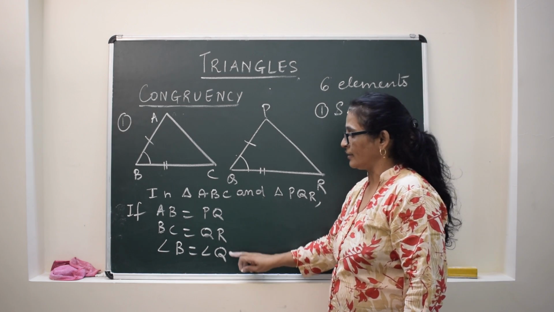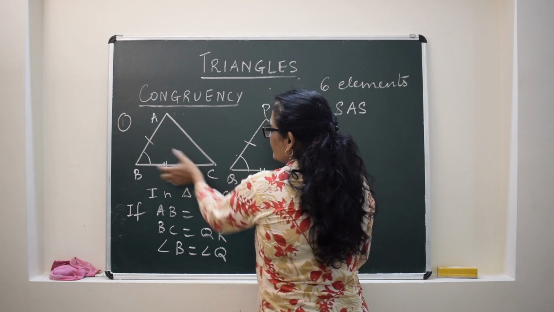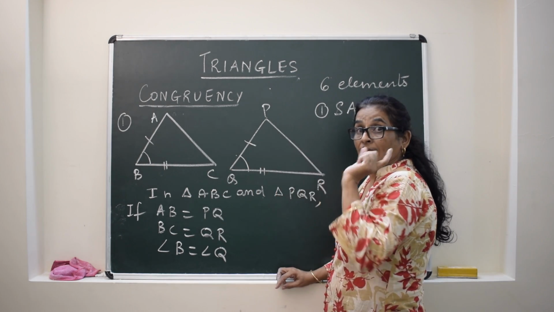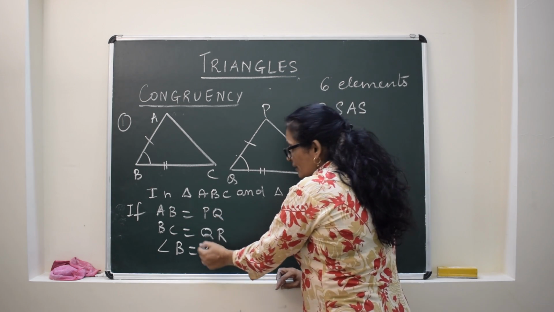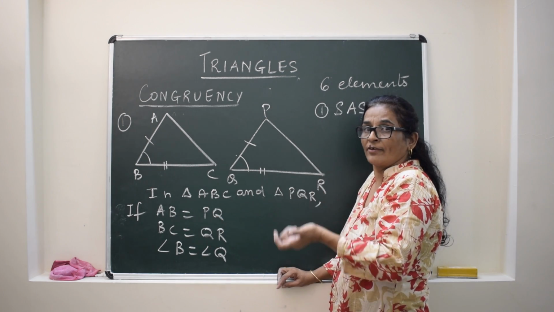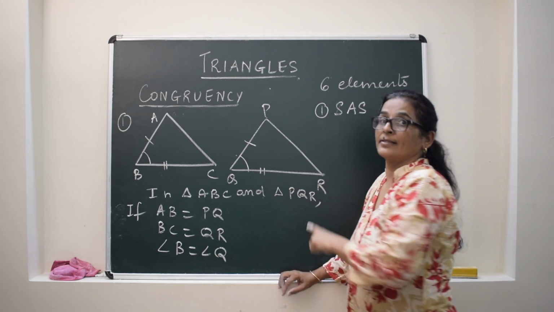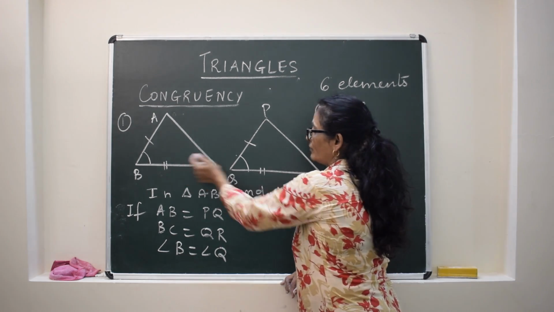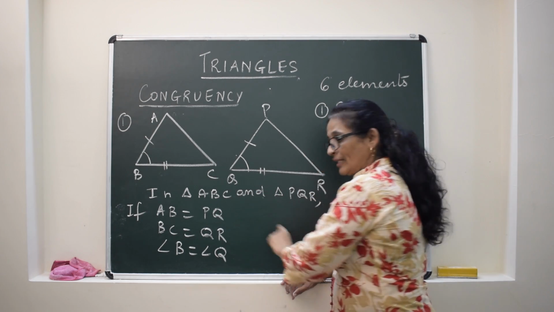Before we write it, we have to check that the sides which are given equal, the angle included should be equal. This can be written in any order. There is no hard and fast rule that you have to write like SAS only. We will call it SAS. That will be shown with the help of figure. But this order we can write in any way.